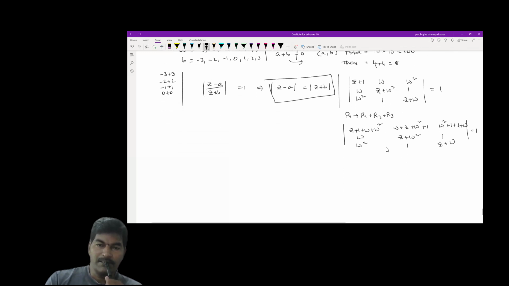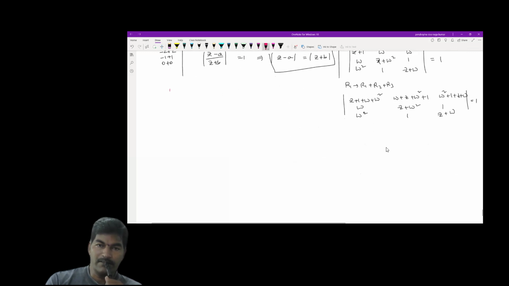Now we know that 1 plus omega plus omega square is 0. So in such a case, the first row becomes Z plus 0, Z plus 0, Z plus 0, and the remaining rows are omega square, Z plus omega square, 1, and 1, Z plus omega, and it will be equal to 1.